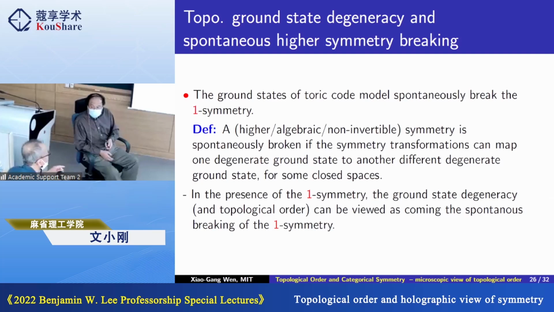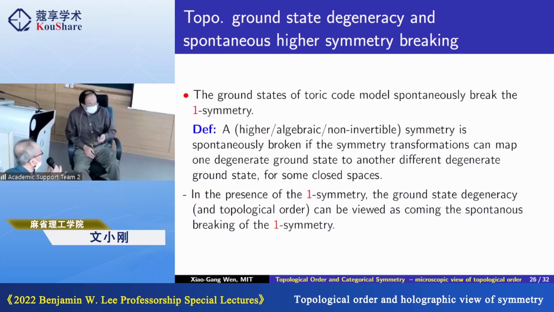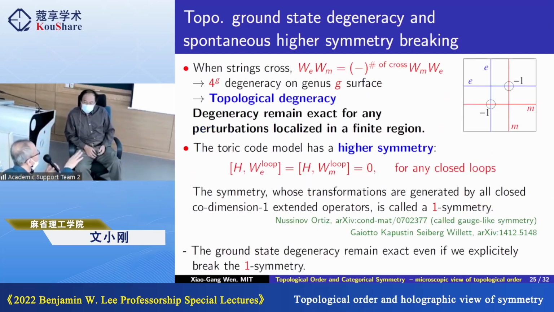Question: on this previous slide, I understand that in the topologically ordered state you create this new symmetry called one symmetry. And in the last line you said you can even break this one symmetry and the ground state still remains exact?